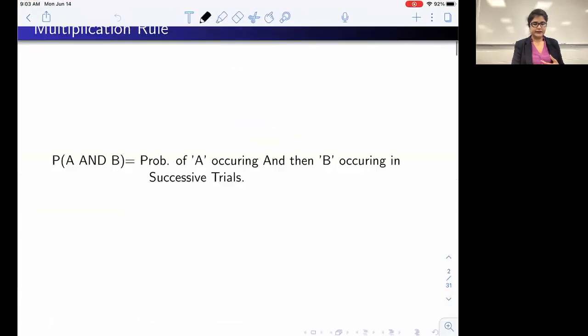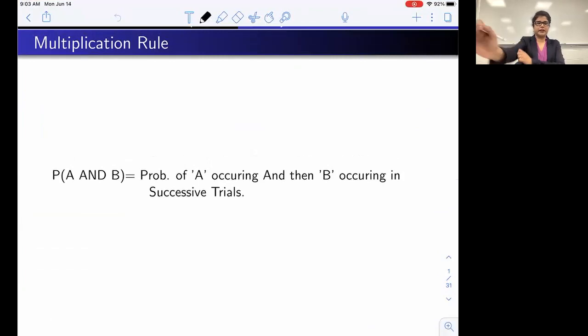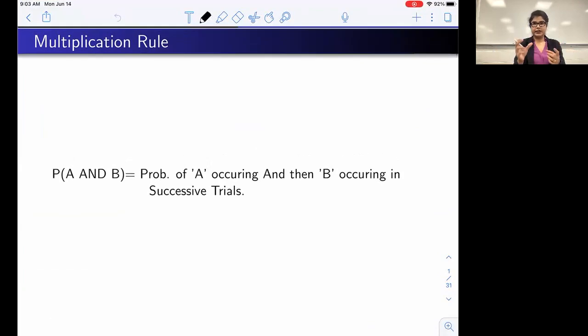Right. So we discussed the addition rule for probability. Let's say we are rolling a die and we are looking for two options. What is the probability of getting a 3, or what is the probability of getting a 5 from a single trial? Then we use the addition rule, which in English is the word or. Whether this is going to happen or this is going to happen in a single trial.